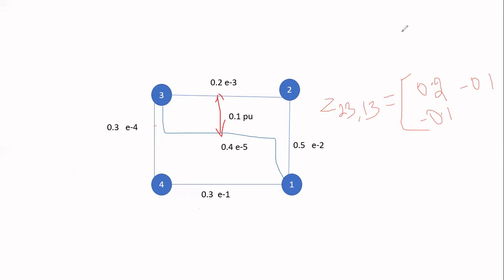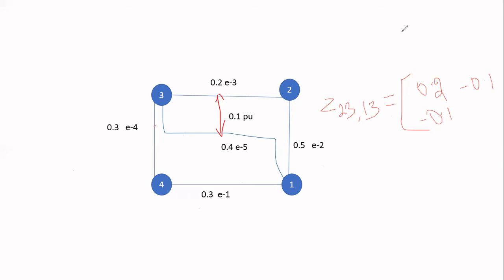That's why we take 0.1 and 0.1, and 0.2 and 0.4 change their positions. Then we form the Y2313. This is the formula for the inverse matrix: 1 by adjoint A into D, A, minus B, minus C.